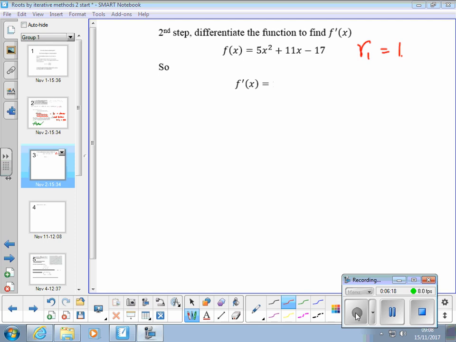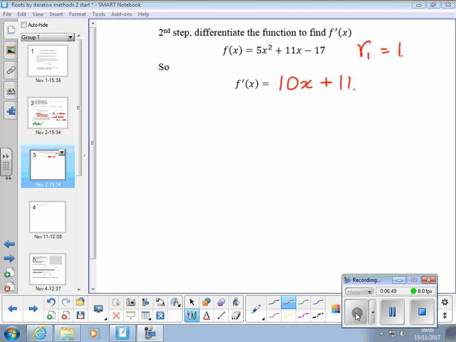So it's 10x, because it's 2 times 5 and take 1 off the index, plus 11. Yeah? Sorry? No, that's when you integrate, Lewis. We're differentiating at the moment. We're going the other way. All right?